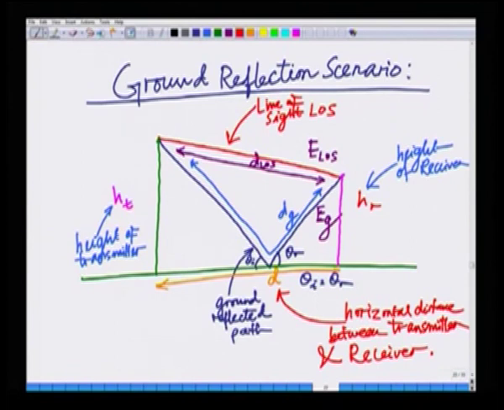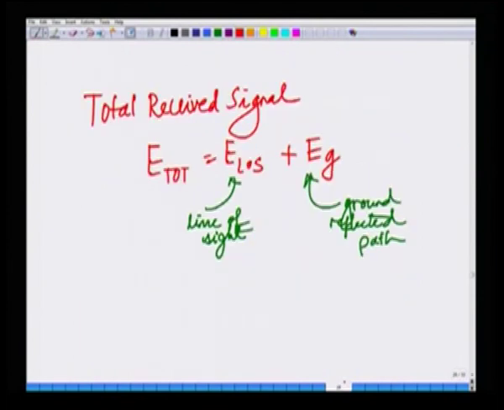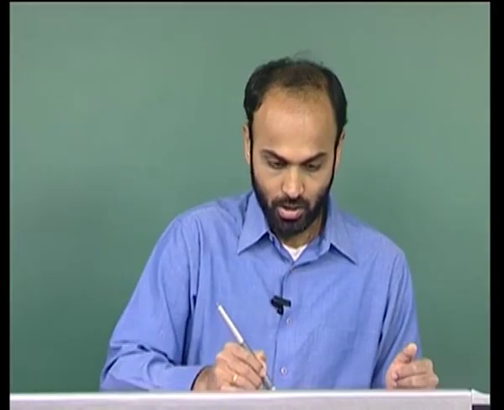The line of sight path has a distance d LOS, the ground reflected path has a distance dg, height of the transmitter is ht, height of the receiver is hr, the horizontal distance between transmitter and receiver is d, and we wanted to look at the received signal strength as a function of this distance d. We said the total received signal strength E total is E LOS plus Eg, that is the point at which we are. So, let us continue from this point in the lecture today.